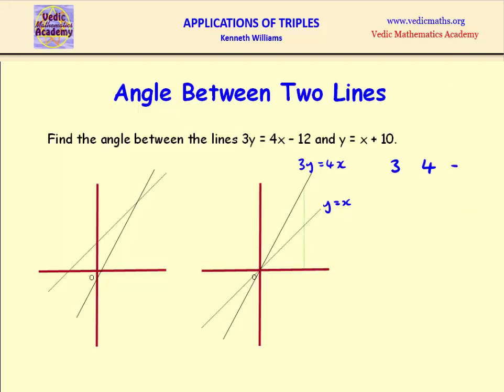So this green line here shows the triple. 3, 4, 5 in fact would fit in there. And similarly for y equals x, the gradient triple for that is going to be 1, 1, because the gradient of that line is 1. So here's the triple, 1, 1, whatever.